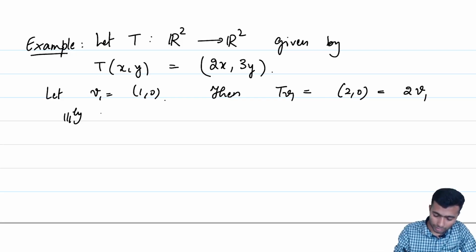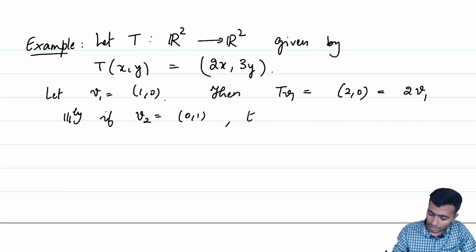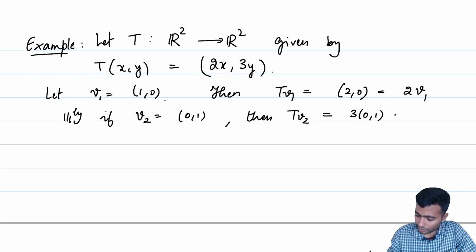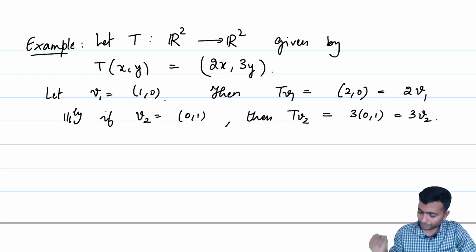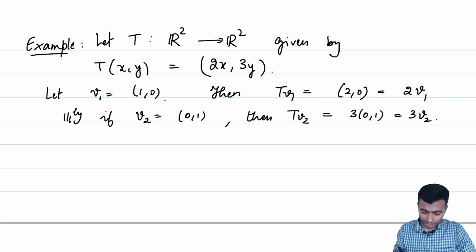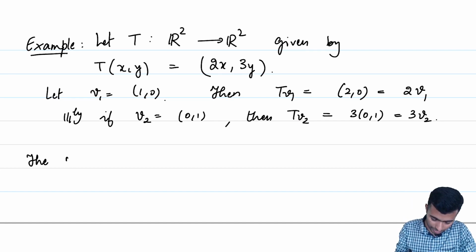Similarly, if v2 is equal to (0, 1), then T(v2) is equal to (0, 3), which is 3 times (0, 1), which is equal to 3 v2. So, the standard basis vectors here are examples of eigenvectors.